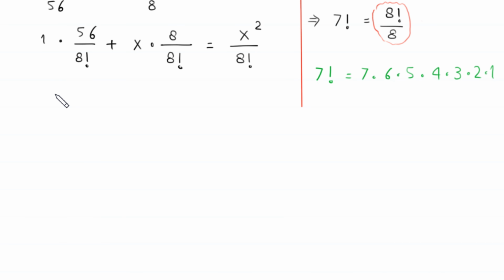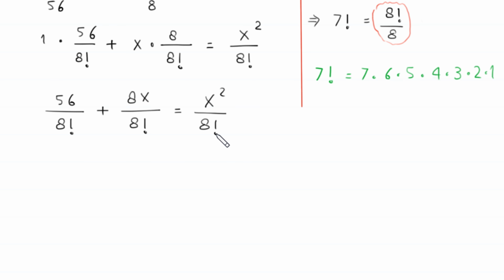Now we further simplify this. 1 times 56 will become 56 divided by 8 factorial plus x times 8 will become 8x divided by 8 factorial is equal to x squared divided by 8 factorial.